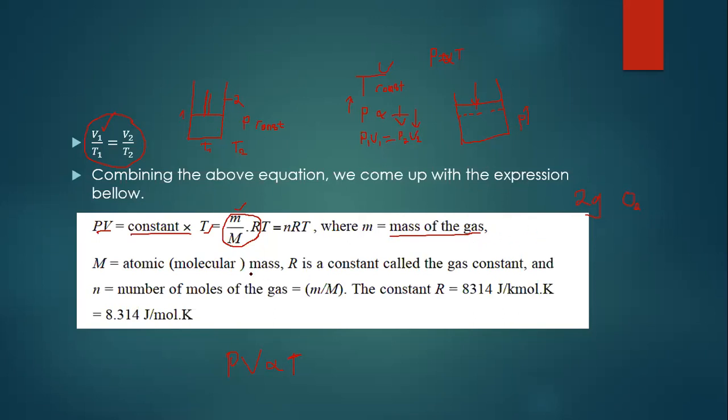You must also be able to find out what the value of this big M is. This big M stands for the atomic or the molecular mass. So if you know that oxygen always exists as O2, it doesn't exist as single oxygen.